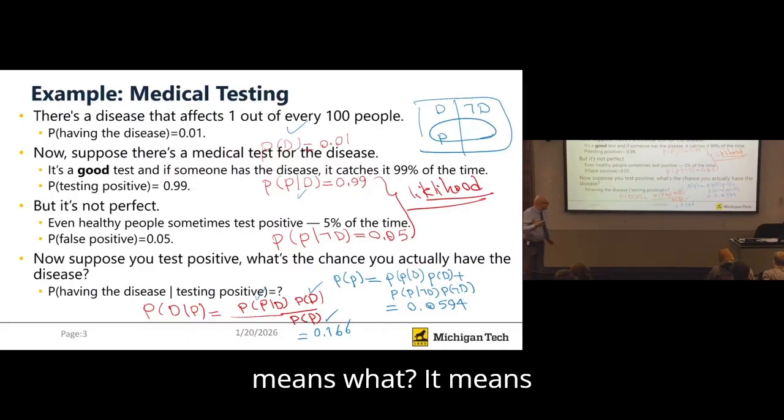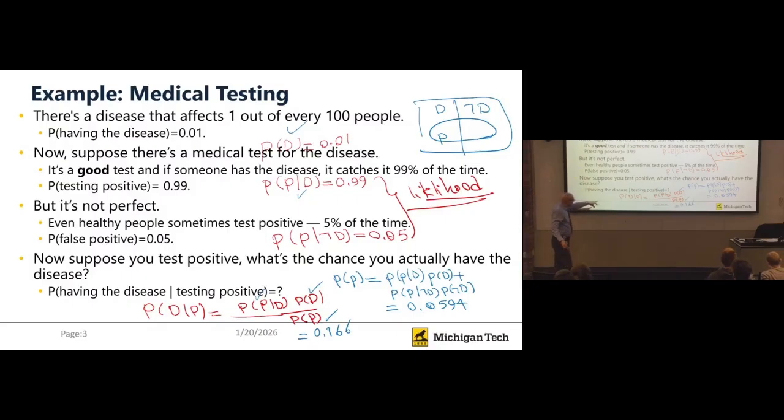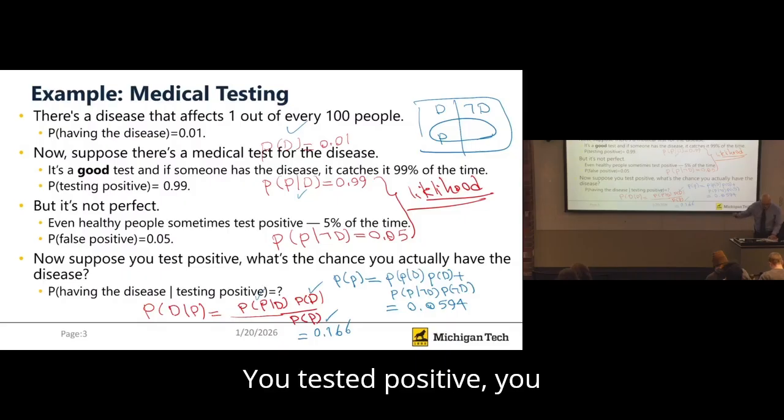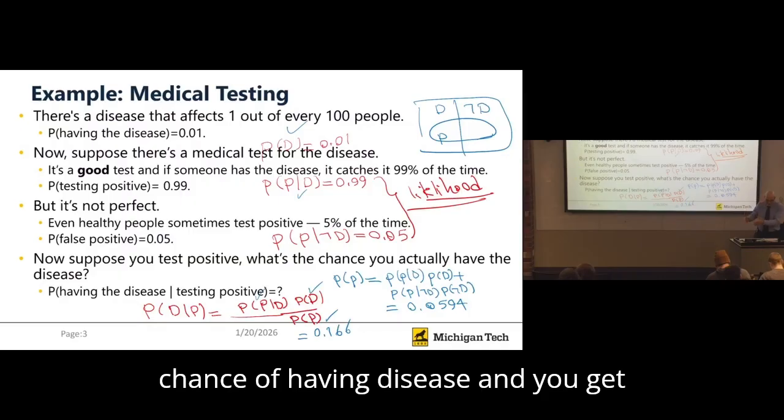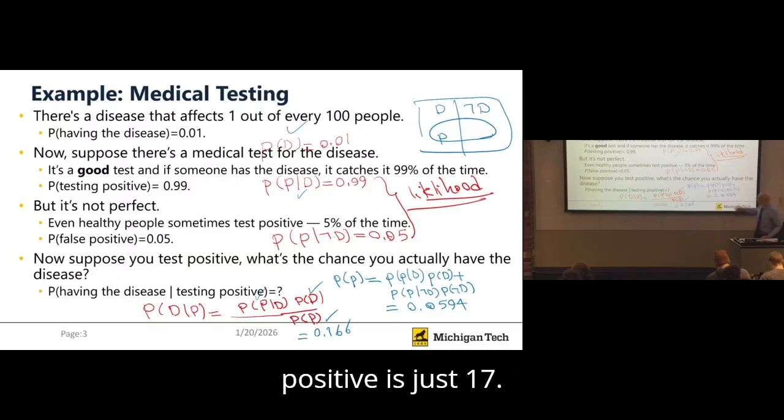It means you tested positive, but the chance of having the disease and you get positive is just 17%.